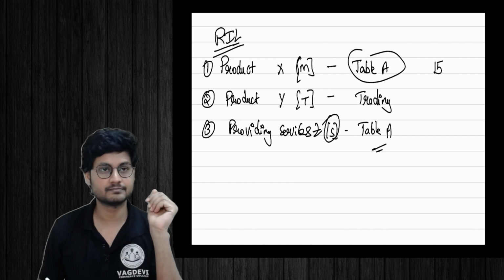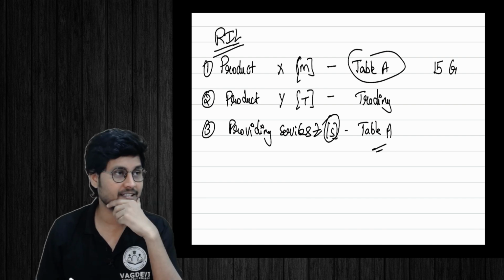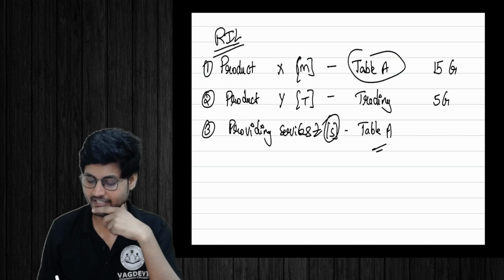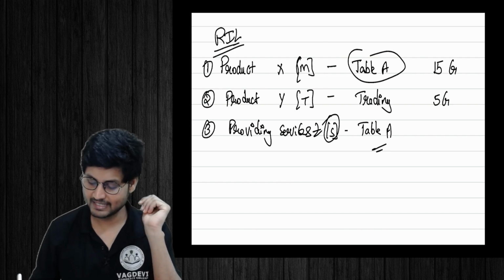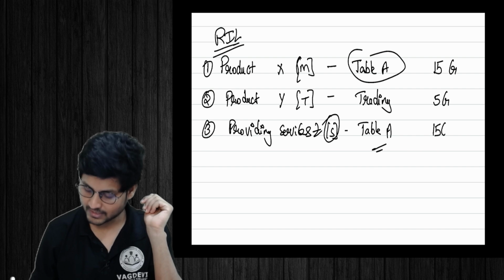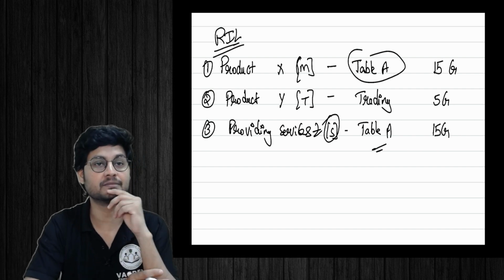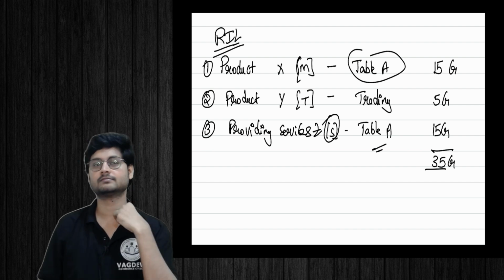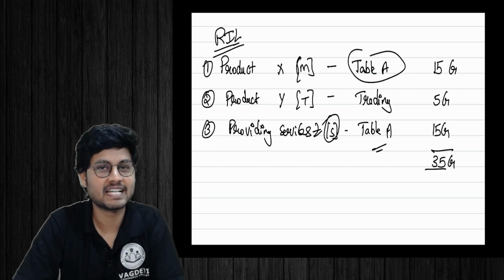35 CR, trading 5 CR, and then yes, 15. Let me write it as 15. Okay. Total 35.